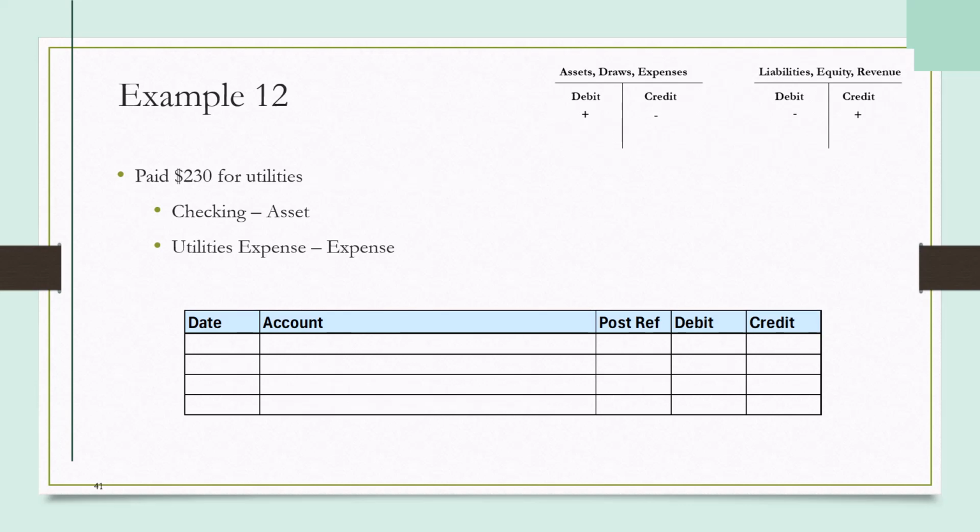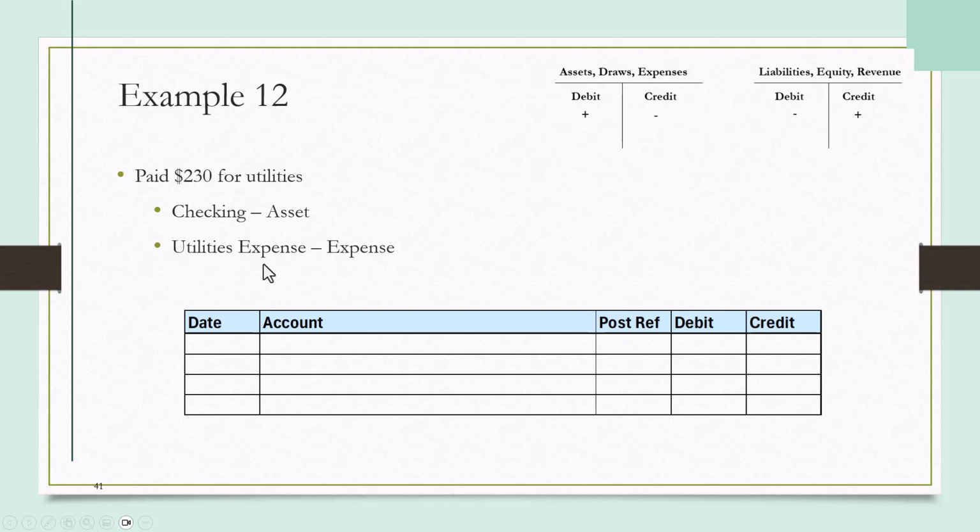In this example, they paid $230 for utilities. And just like the other examples, we're going to assume that it was paid from checking because no other information was given. Checking is an asset, and we're going to be subtracting from checking to pay something. So it would be a credit to subtract from an asset.